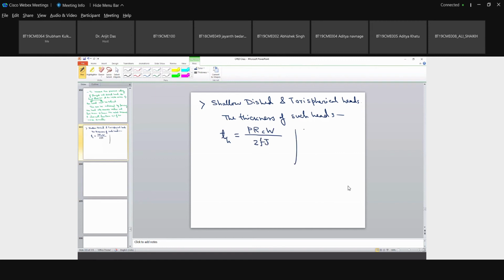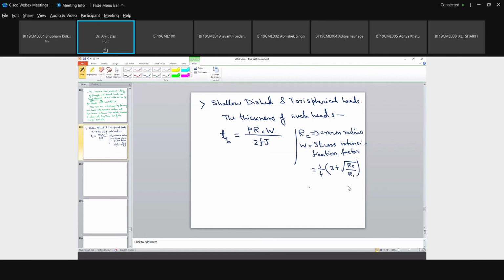Where you know these values: RC equal to crown radius, W equal to stress intensification factor, and the value of that, how to determine this, is 1 upon 4 times (3 plus square root of crown radius by R1).